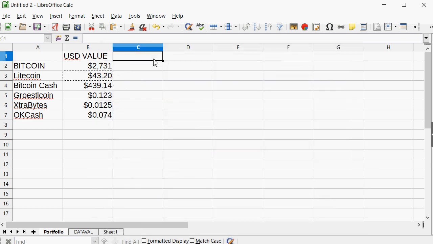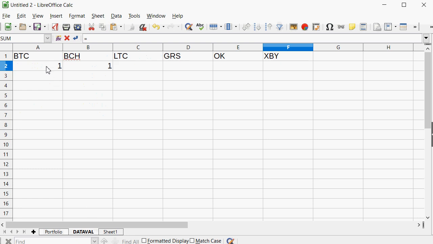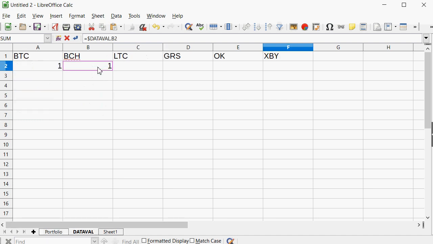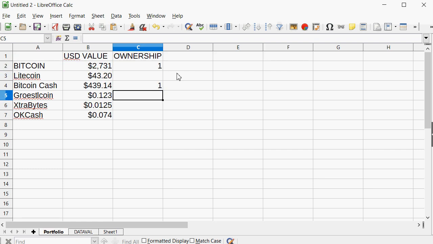Okay, so ownership. How many do we own? What I'm going to do for now, and it's all going to get a little more complicated, not much more, is go to the data value and put in one right here. And I'm going to do the same thing here with Bitcoin Cash. And now let's put in net value here.